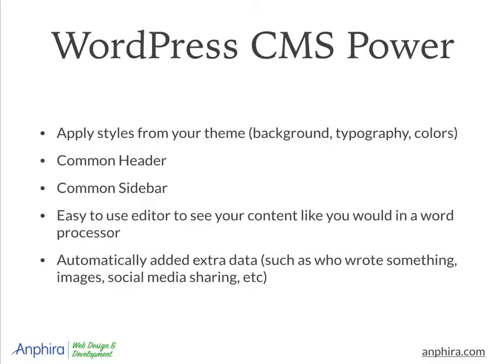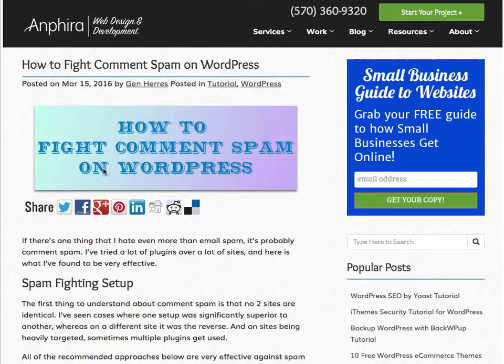So here's an example of a post. So you can see here some of the effects of your theme. So this background, it's got a shaded light gray background. You can see how there's a blue line added. You can see how I have a common header that I use all over the site.